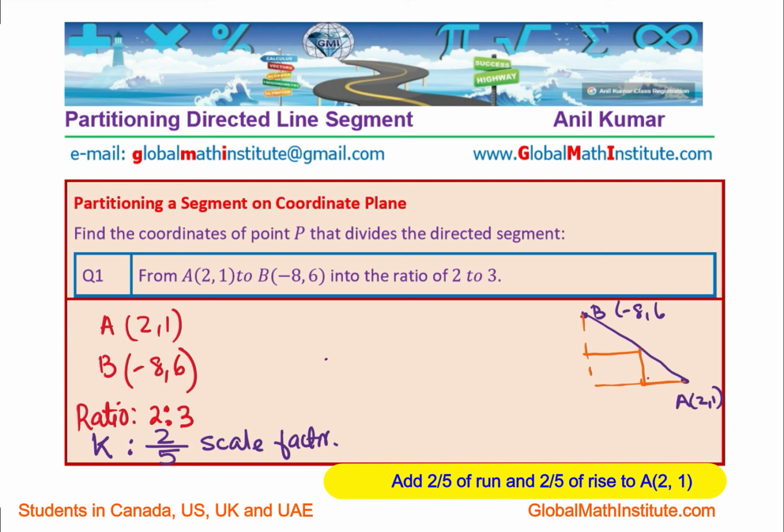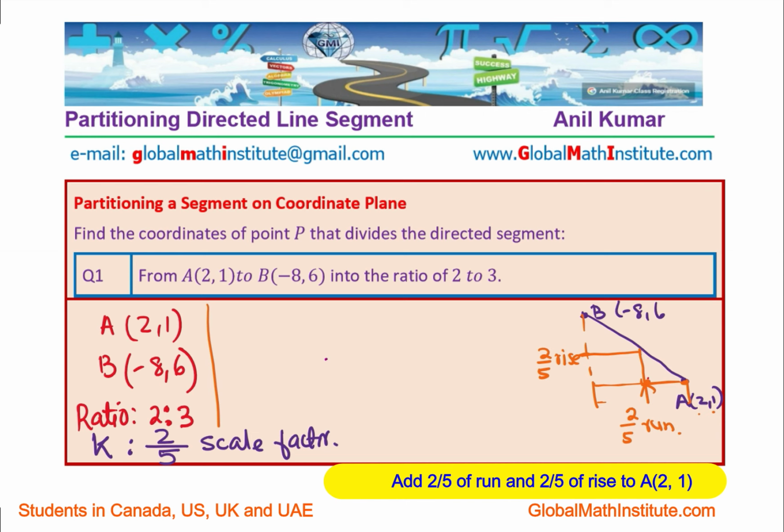So we'll divide this run into 5 equal parts, and this is my second position, right? So this position here is 2/5 of run, and this place is 2/5 of rise. And because we are starting from A, we'll add the coordinates of point A. So let's calculate.